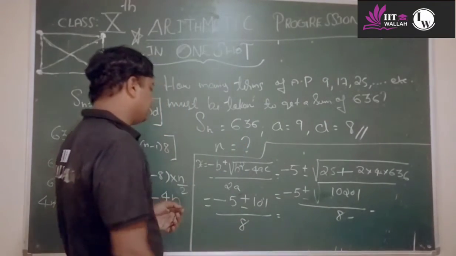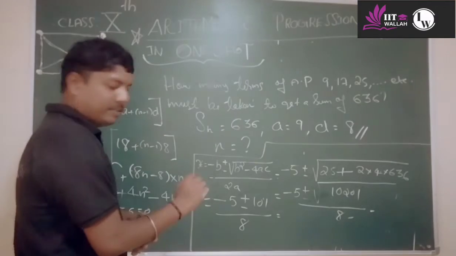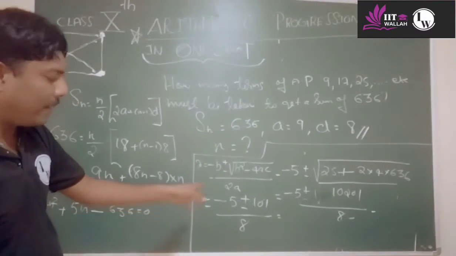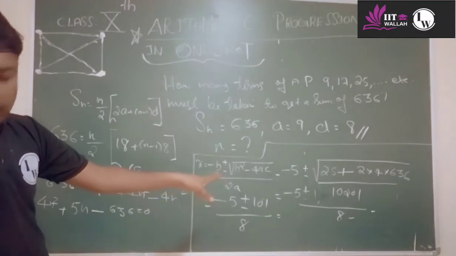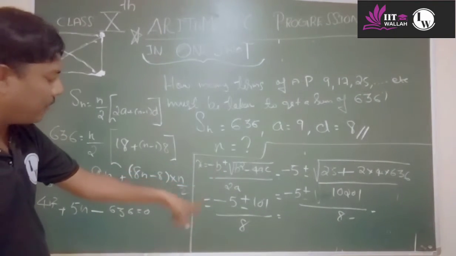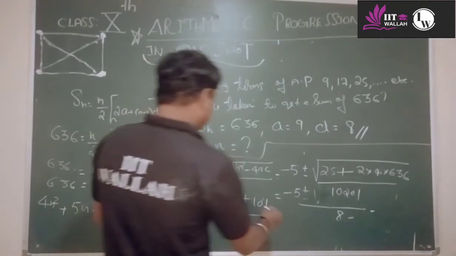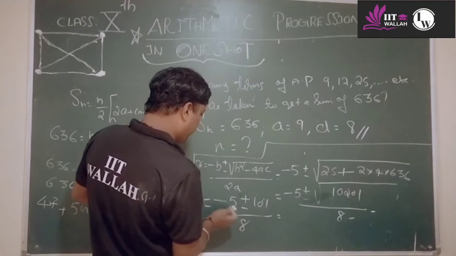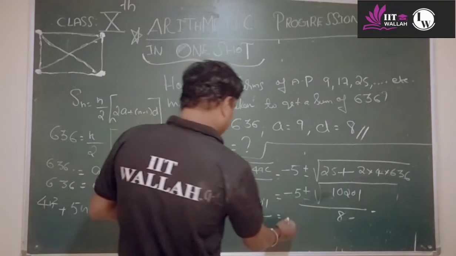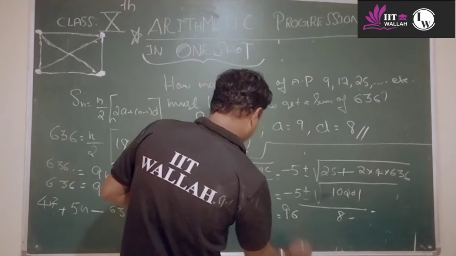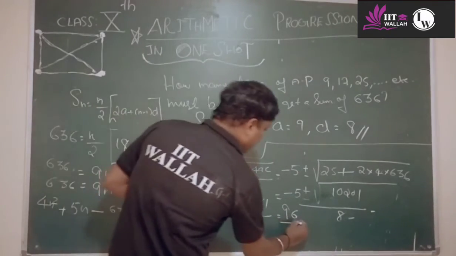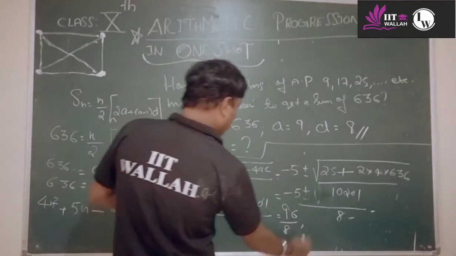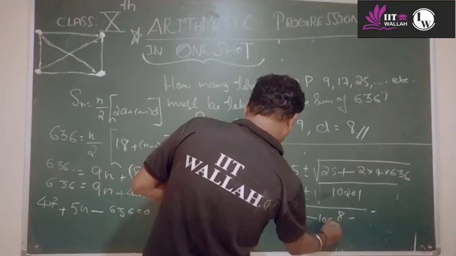That is, minus 5 plus 101 by 8, that means 96 by 8, or minus 5 minus 101, so minus 106 by 8.